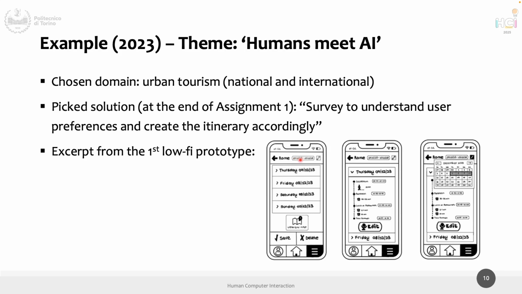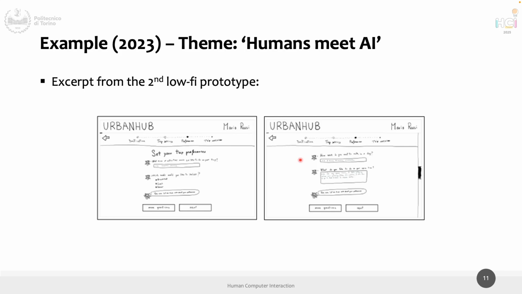So the first paper prototype was a mobile application, done in this way. You select the date, you give the interval, you can edit it with voice, with a chatbot, and forms, etc. The second prototype was instead a desktop application, so that you build the itinerary before going somewhere, with the help of AI, and then you print it, you save it as a PDF, etc., and then go in the city.